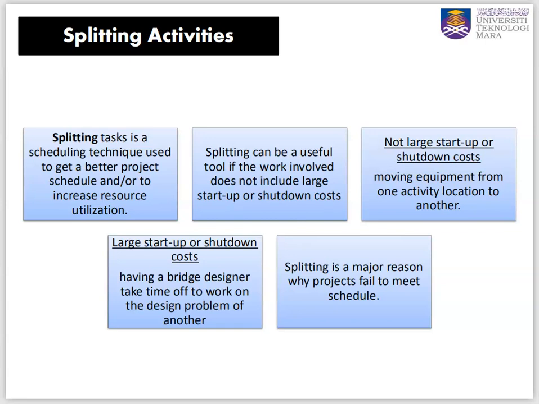By splitting the activities, there are a few disadvantages and advantages. So what is splitting activities? Splitting tasks or activities is a technique used to have a better project schedule or to increase resource utilization. Splitting can be useful if the work involved does not include large setup or shutdown costs.